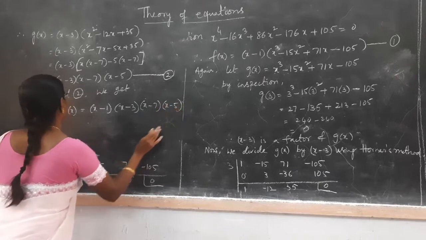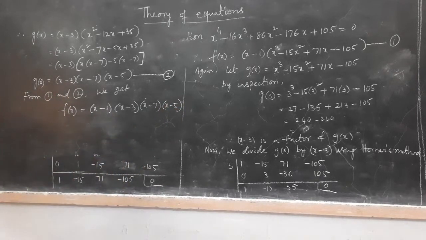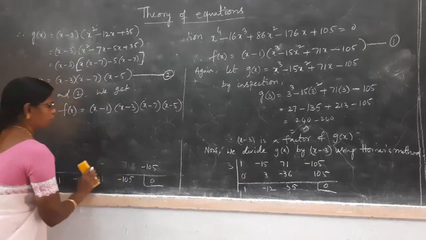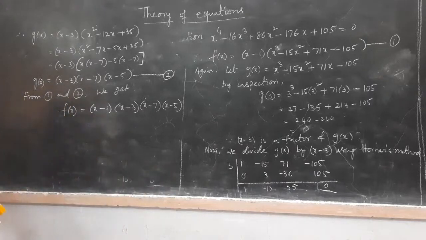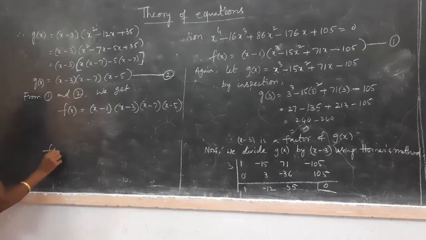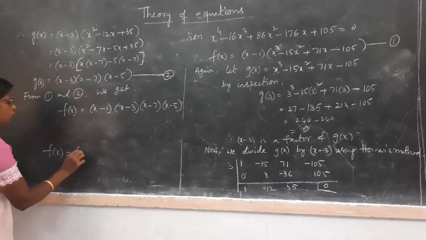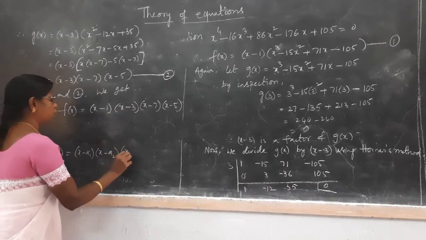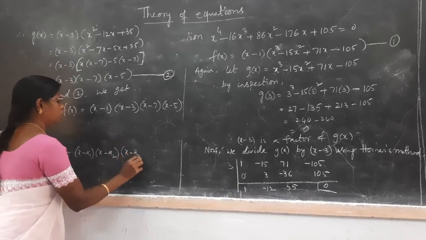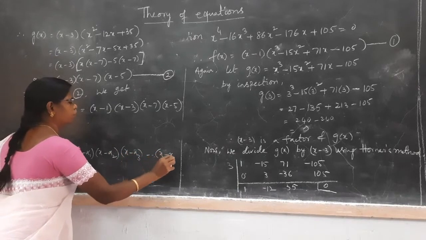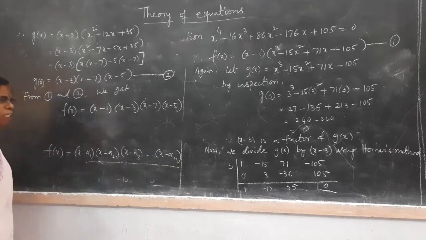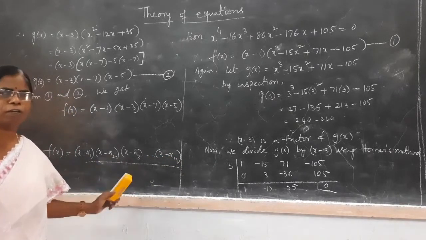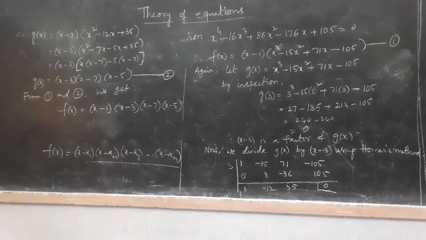So f(x) has been factorized like this. Therefore we get the roots. Don't forget: again I am repeating, if you write f(x) in the form x minus alpha 1, x minus alpha 2, x minus alpha 3 and so on, x minus alpha n, then alpha 1, alpha 2, alpha 3 and so on up to alpha n are the roots of the polynomial equation f(x) equal to 0.